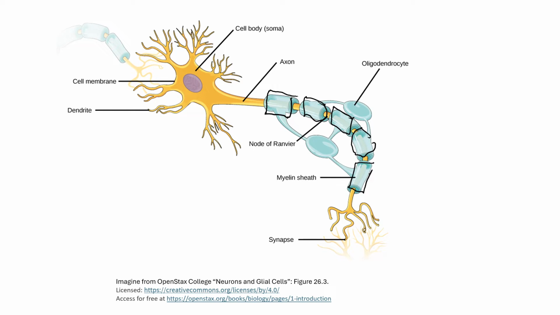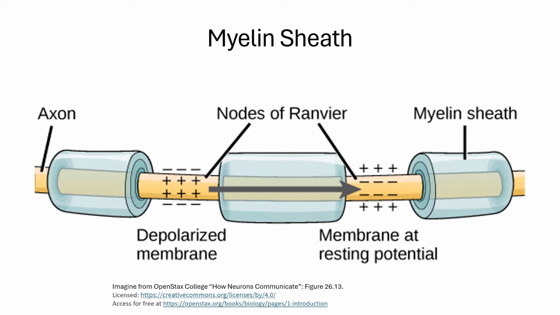Each one of those that I highlighted in black is a section of myelin sheath. If you look closely at one section of myelin sheath, it looks like the rings of a tree. You have these concentric layers that exist around the axon.